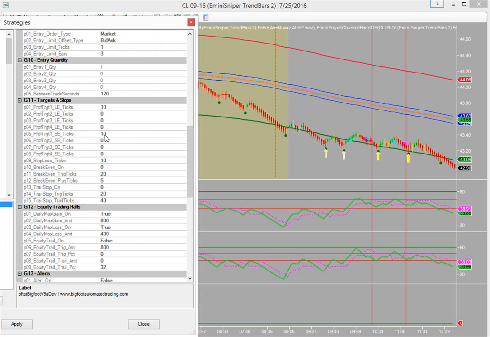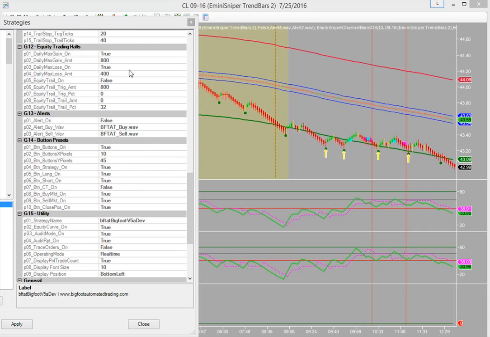I've got a 10 tick stop and target, and you can have a different target for longs and shorts. I'm using the same. You can do all of your break even and trail stop stuff there, so just turn those to 1 and then adjust those how you like, and you can have your daily gain and daily loss put in there.